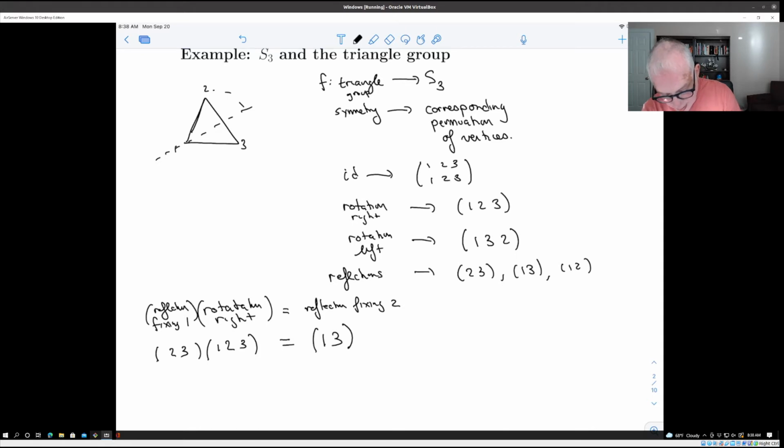So here, under this map F, the reflection fixing 1 goes to this permutation, the reflection fixing 1 goes to this permutation, and the reflection fixing 2 goes to this permutation.